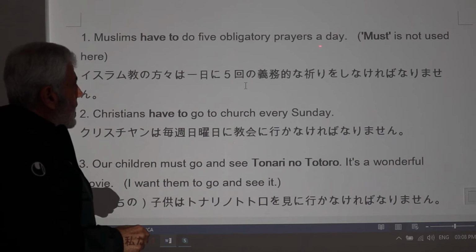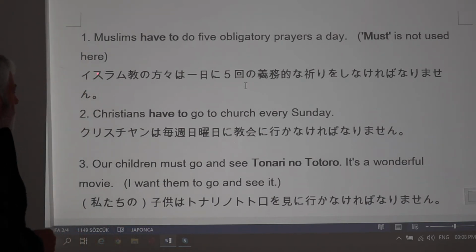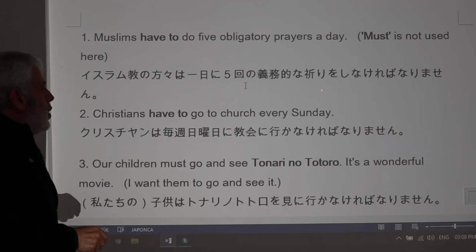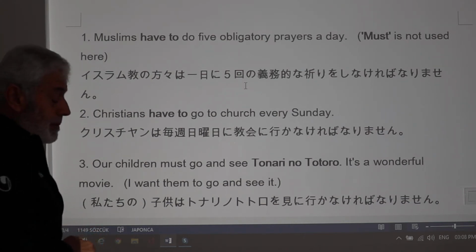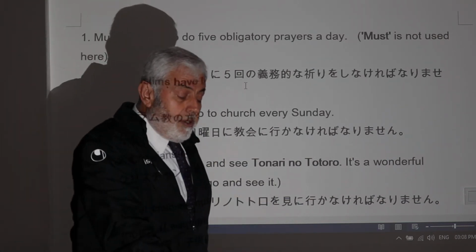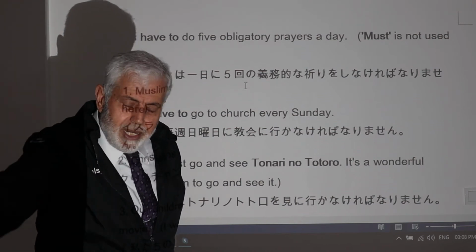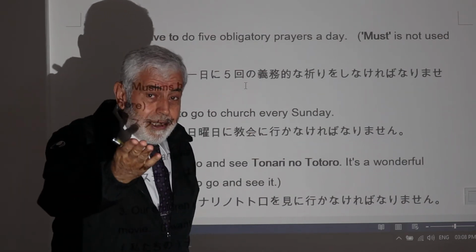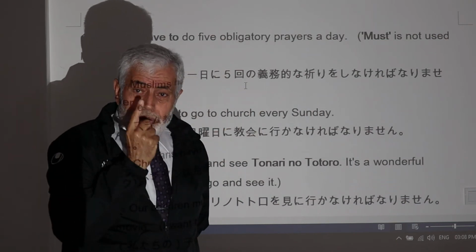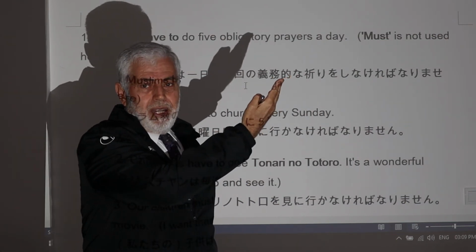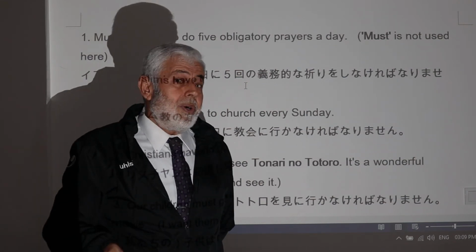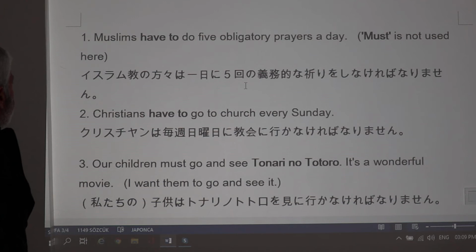Prayers は祈り。a day。So, Muslims have to do 5 obligatory prayers a day.